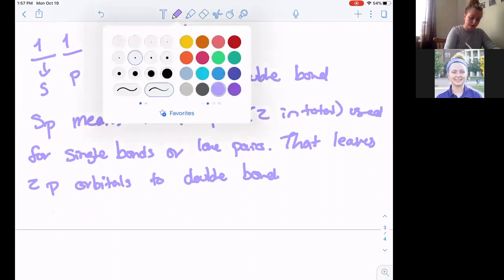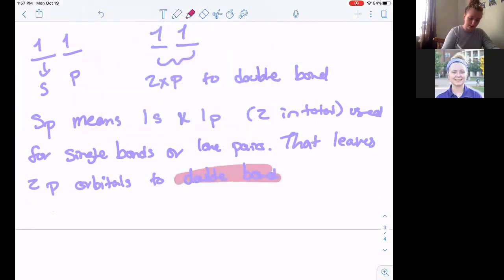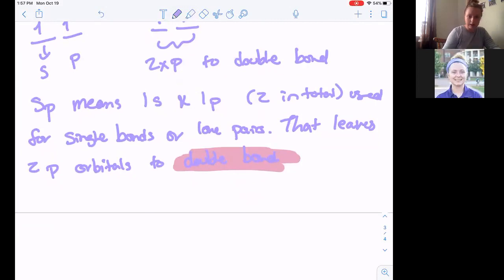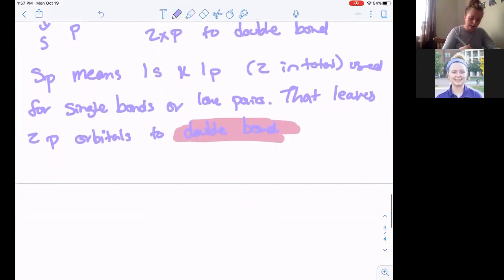So again, let's highlight this. Probably not a great color to highlight with. So let's go over an example. Let's say that we have HCN, okay?